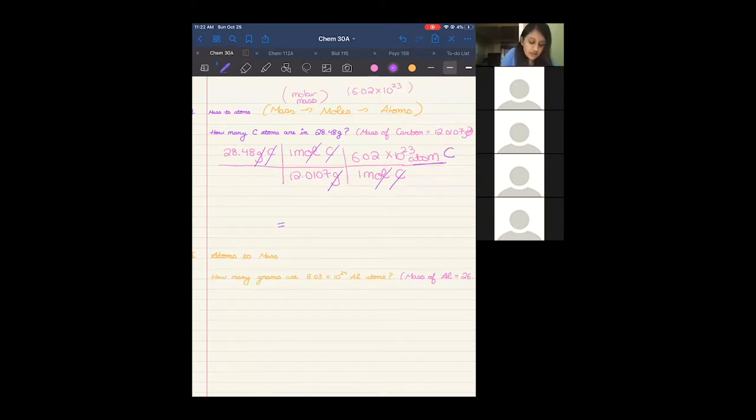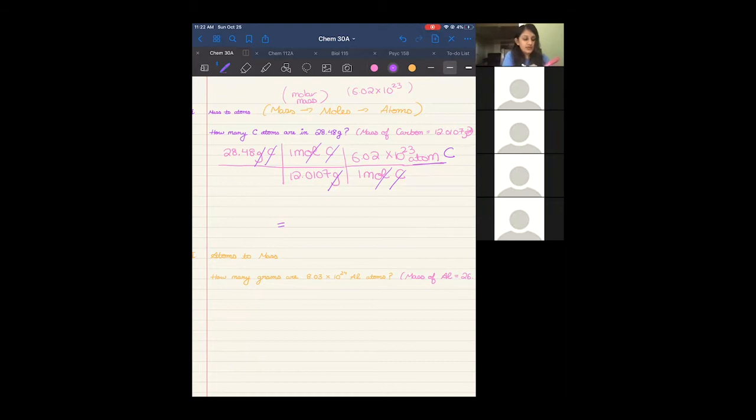So first we divide. Let me just walk you through this. What you will do is 28.48 divided by 12.0107. Then you get something like 2.37 something something. Then you're going to multiply that with Avogadro's number.